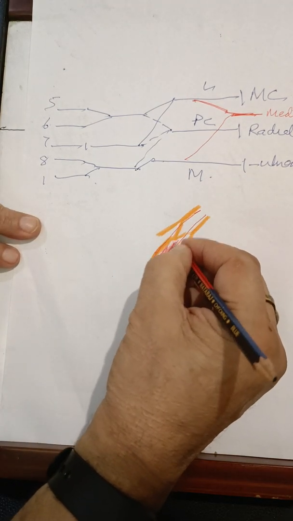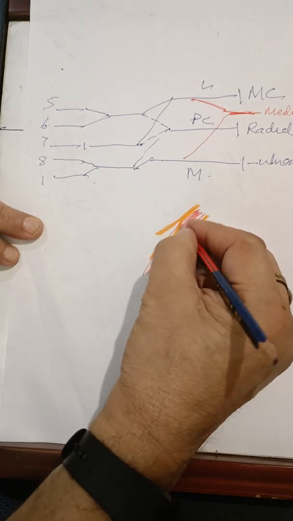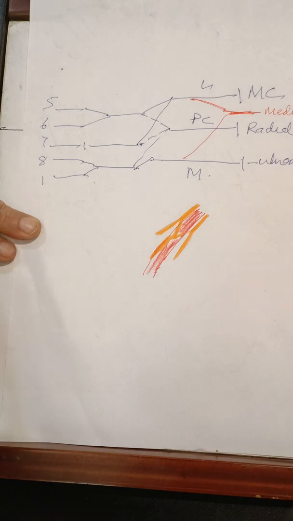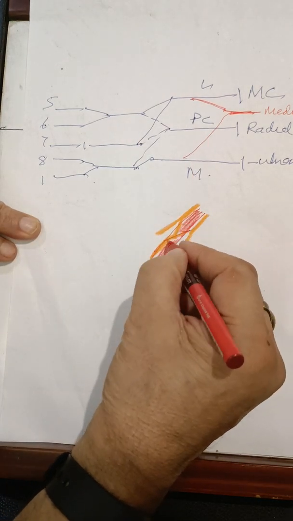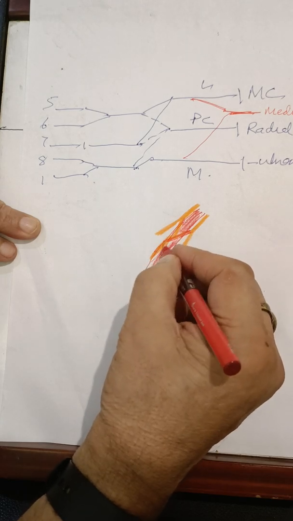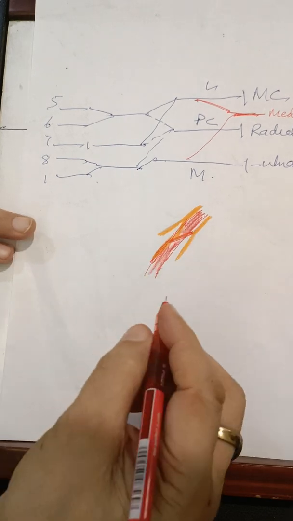This is the artery. So here is your median nerve forming and lying on the lateral side of the artery.